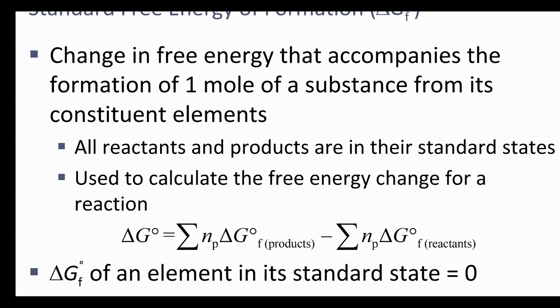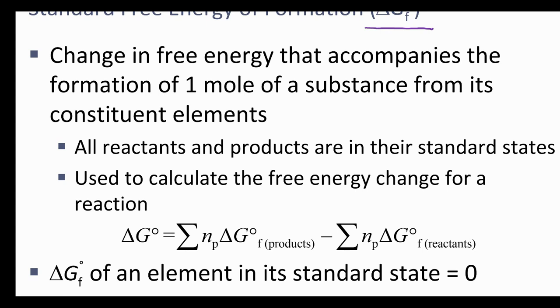Now, one of the things you can also do is you don't always have to calculate. That was the long route to finding delta G of reaction, because you can more easily find delta G using the delta G's of formation. These are also in the back of the book.